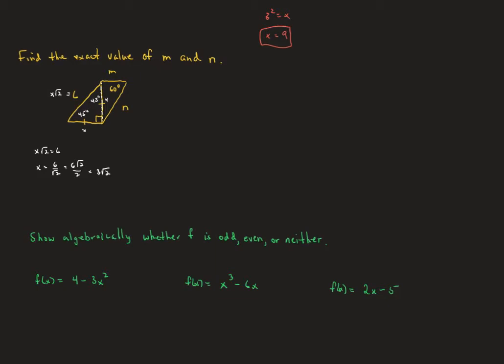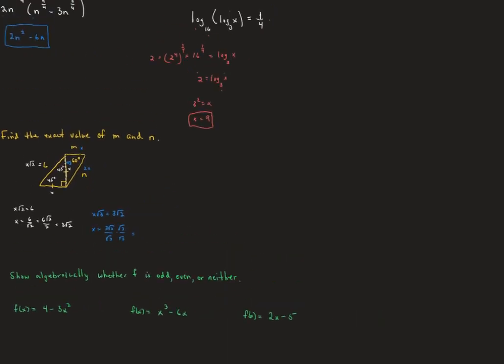Now, in the 30, 60, 90, our side lengths are going to go x, 2x for the hypotenuse, and this long leg is going to be x square root of 3. That means x square root of 3 is equal to our 3 square root of 2. To solve that for x, we're going to have to divide by the square root of 3. We'll need to rationalize this, and we can multiply the insides of those. Whoops.